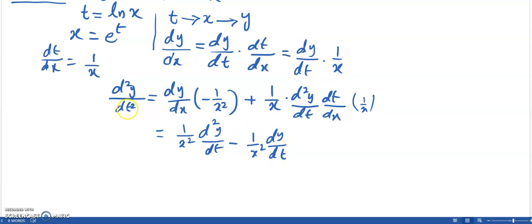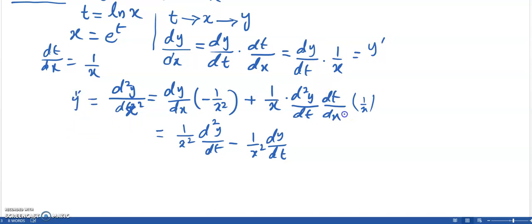Well, here it should be x square. Okay, so now we have the values of dy over dx and d2y over dx square. In other words, we now have y prime, and then we have y double prime.